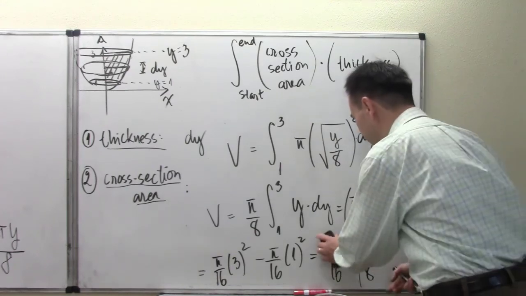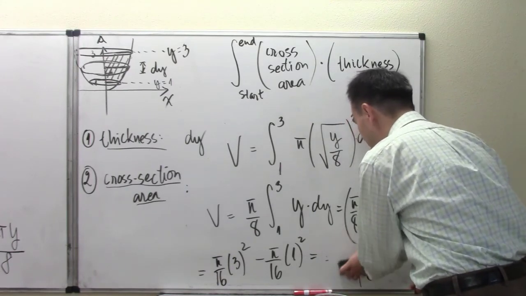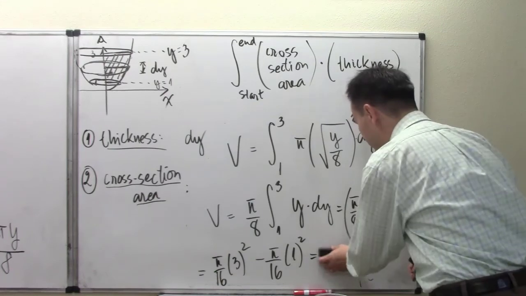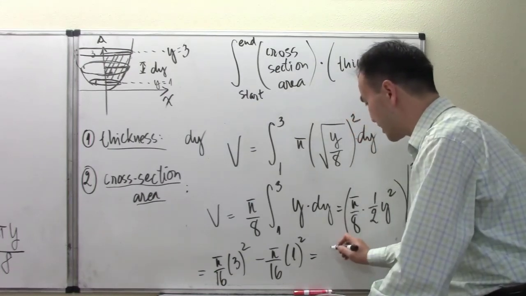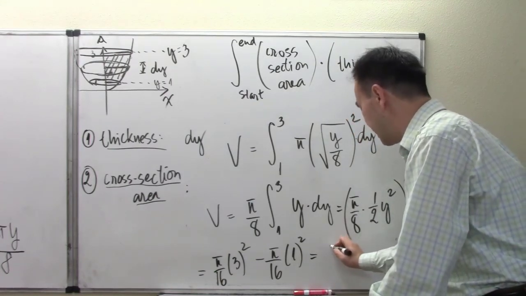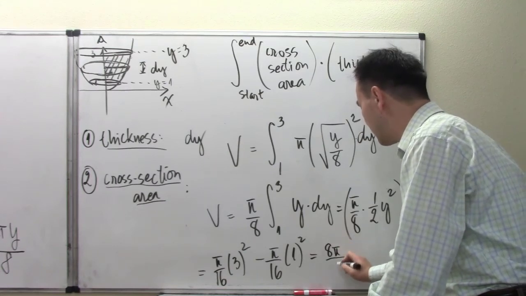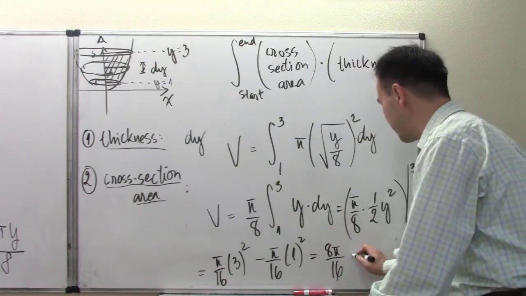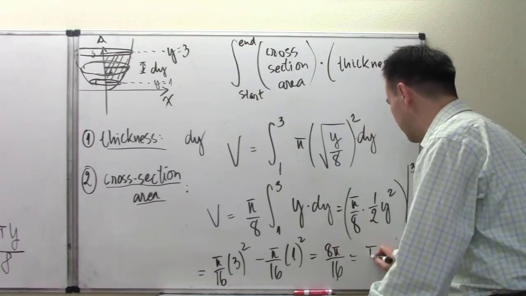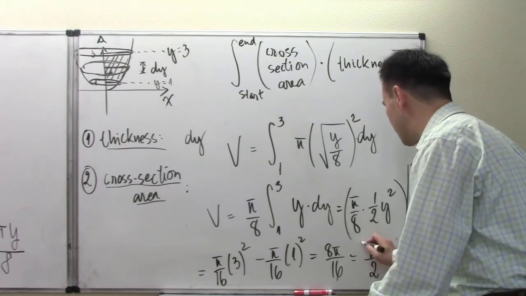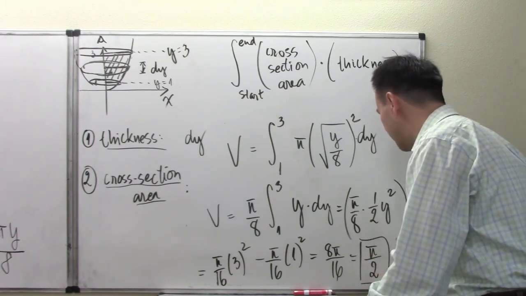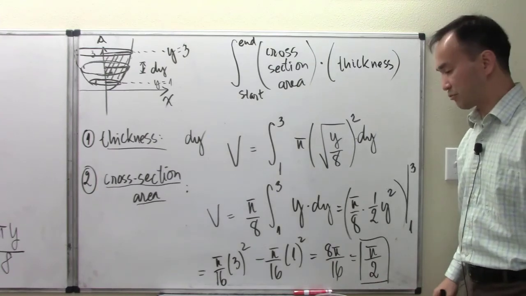Actually, I'm doing a miscalculation. My final answer here should be 8 pi over 16, which reduces down to only pi over 2. All right, that's how we get the problem done.